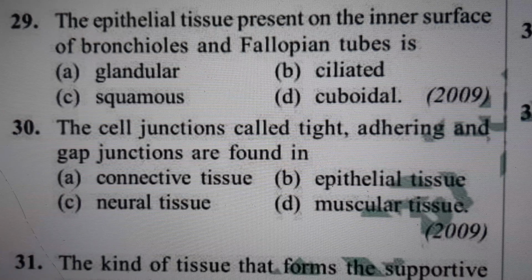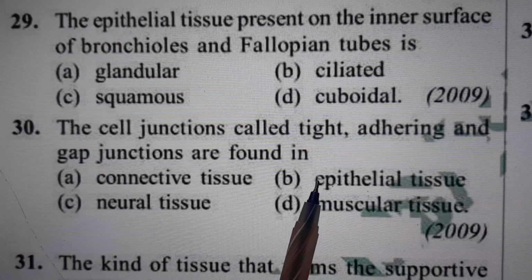This question is a bit tricky because all animal tissues, whether it is connective, epithelial, neural, or muscular, all of them contain some amount of junction in them. It could be either tight, adhering, or gap. But when we have to choose one, we choose epithelial tissue.